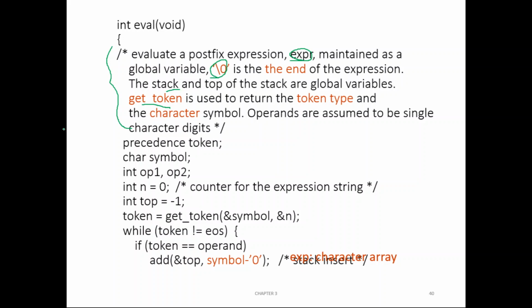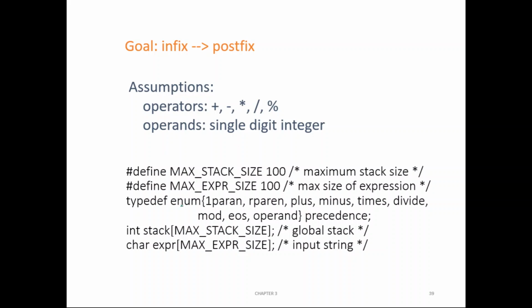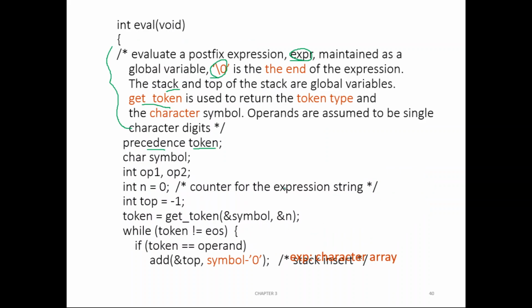First, we are creating a variable for the user defined data type precedence. Precedence is an enumerated data type which includes left parenthesis, right parenthesis, plus, minus, everything, and the name of the user defined data type is precedence. For that we are creating a variable called token.